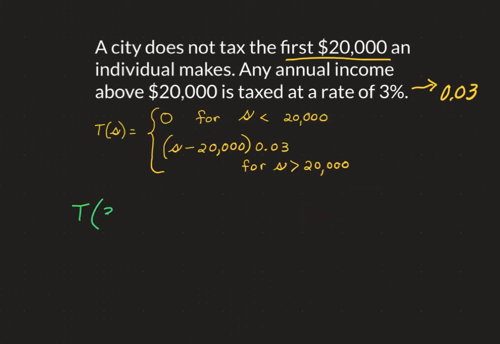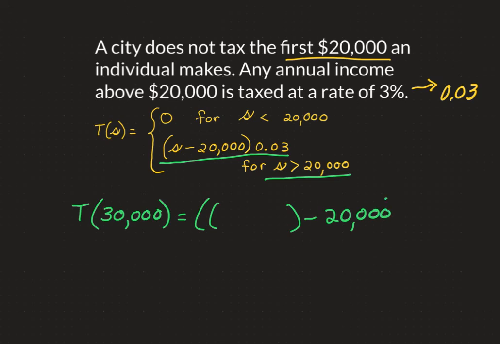Let's say someone makes $30,000 a year. Then this city would tax them at what rate? Well, $30,000 is greater than $20,000, therefore we will use this formula. So the value of the variable S will go in there, and then we'll multiply that by 0.03.